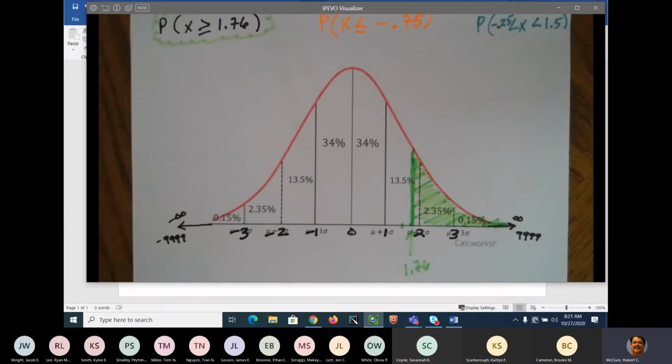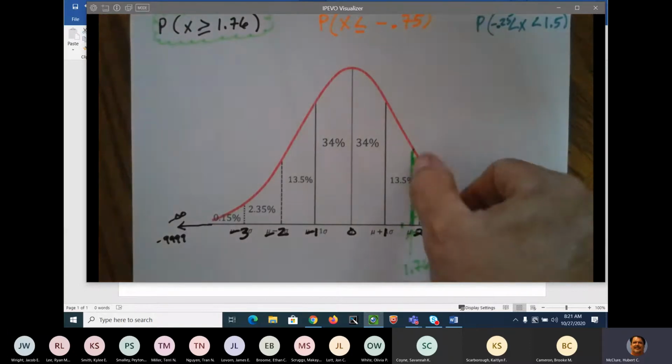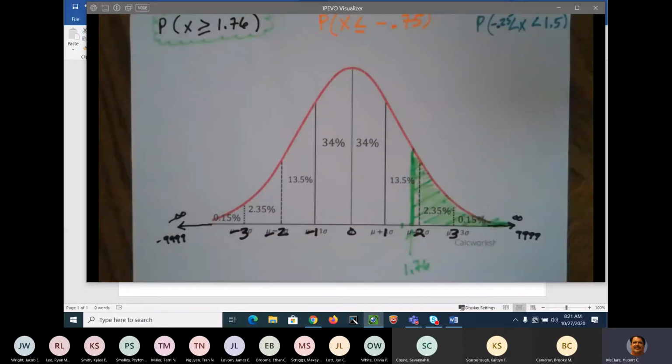Okay, so there's that. And if you add up 0.15 and 2.35, that's 2.5. And then technically this is a fourth. 0.25 is about a fourth. Divide 4 into 13, you get 4 or 3.